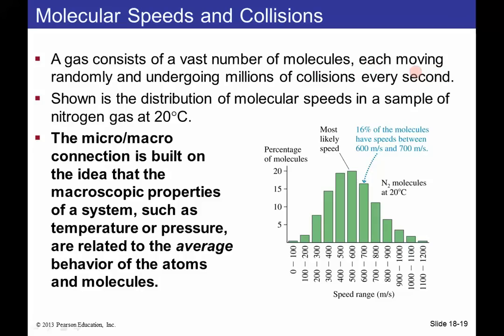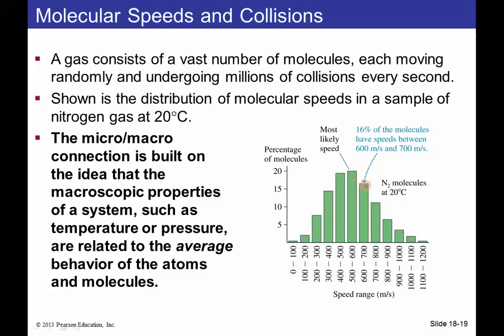So here we have a histogram of the velocities of the particles in a gas, right? And you can see that about 16% of the particles have this velocity, which is about 600 meters per second. This is N2, nitrogen at 20 degrees, at room temperature. And then you see that most particles, this is 16, this is about 20%, this is about 20%, so this is 40%.